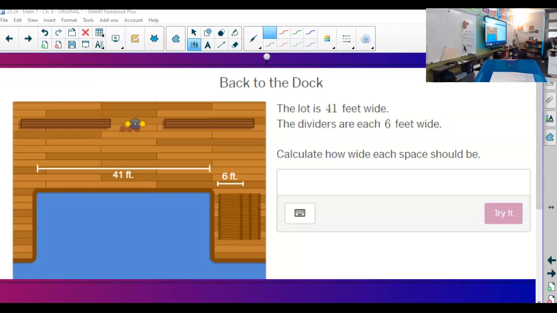N is the number of dividers. You are still using 3 as your number of dividers. N is the number of dividers, whereas D is the width of the dividers. So I think you need D involved somewhere there.